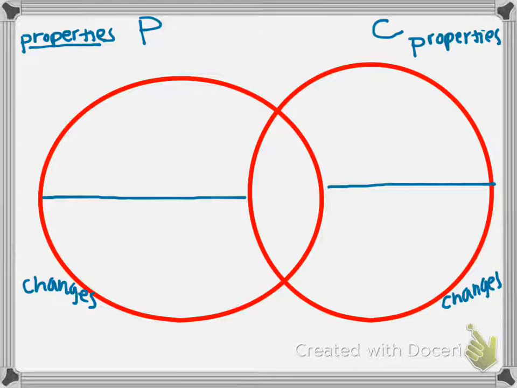changes. Okay, so some physical properties are that they are observed with the senses. So you see it, you smell it, things like that. Physical properties are determined without destroying the object.